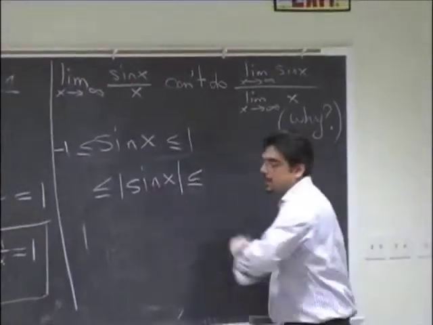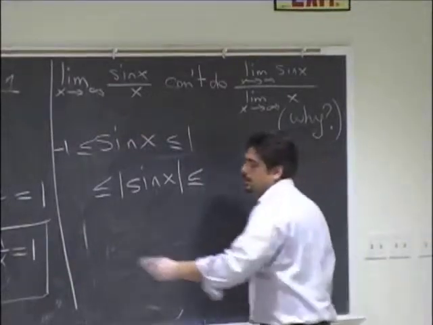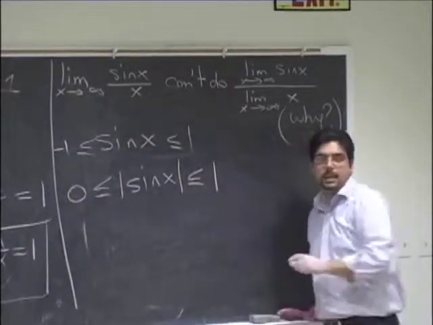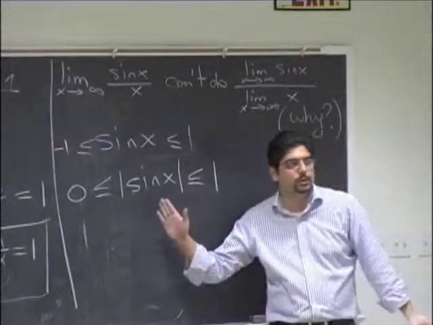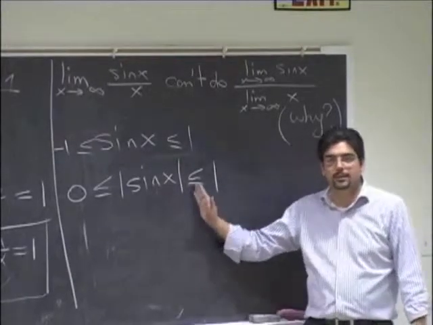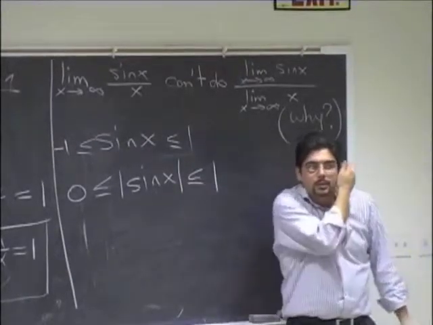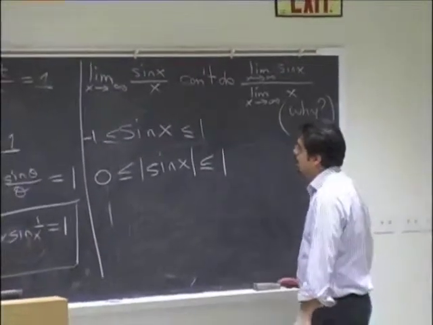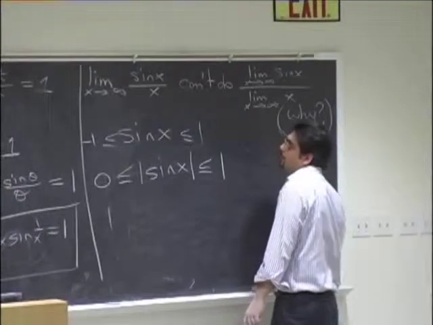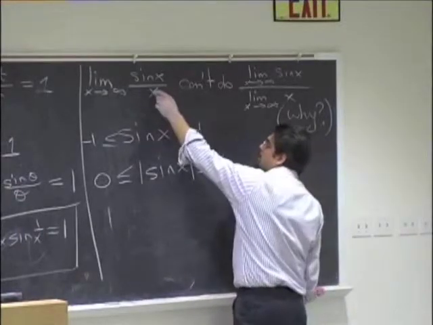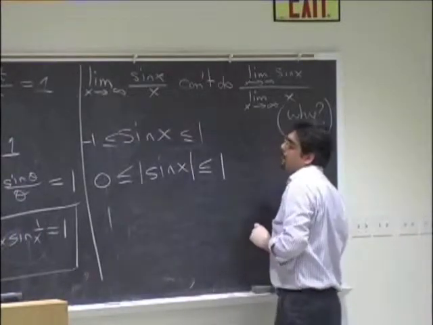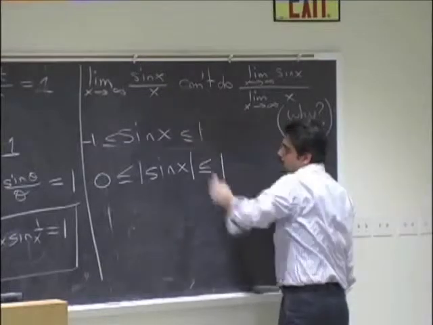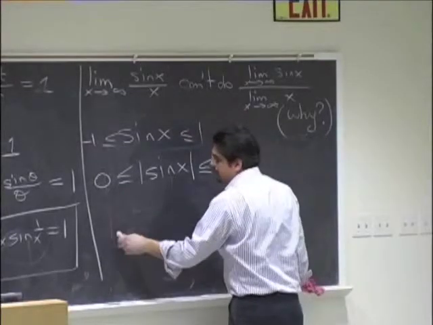The absolute sine x: 0 to 1, right? Absolute value of something is always 0 or more. And the largest value it can be is 1. Right? Okay. And let's go to this expression so we can divide by absolute value of x.